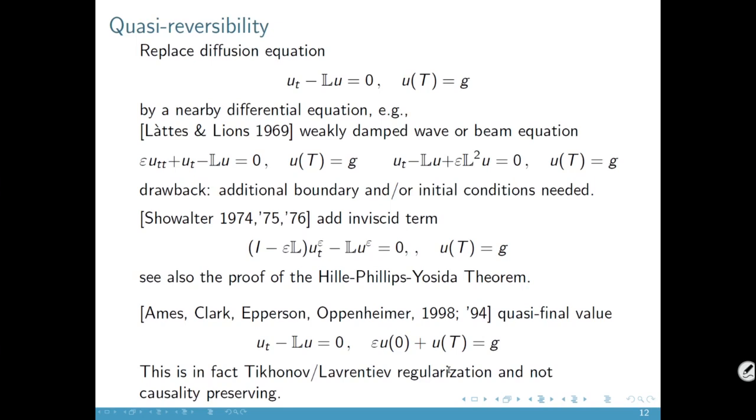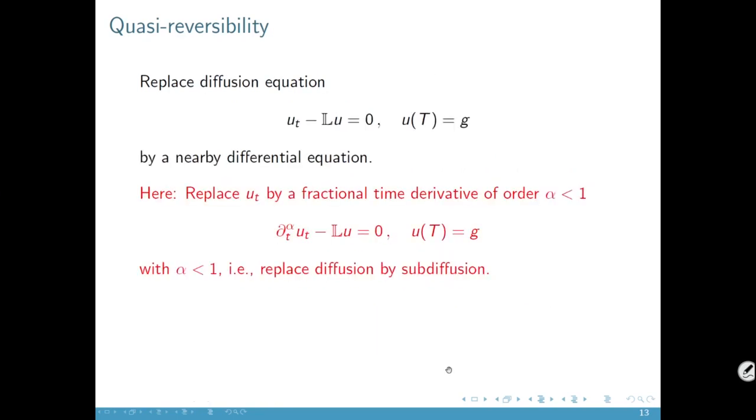That's what is done here. And that's also a nice idea, I find. However, it's again going back to this paradigm where it's not causality preserving because the initial condition pops up at final time. Okay, so these are existing approaches with all these names attached to them. Sorry for not reading them to you.